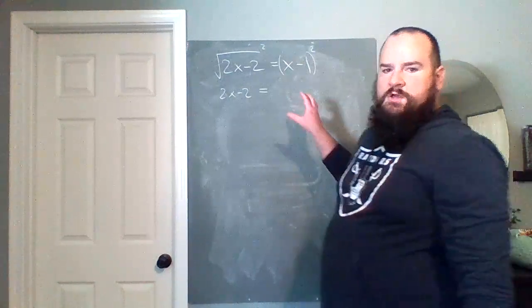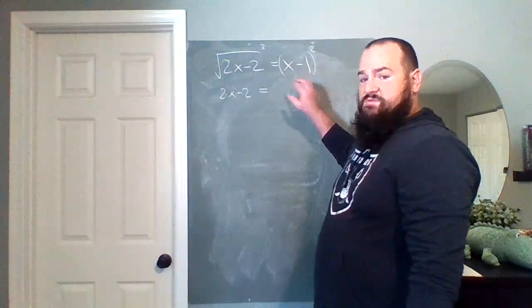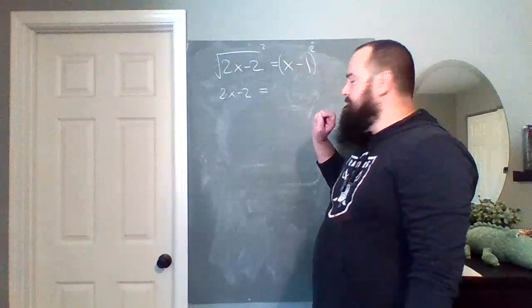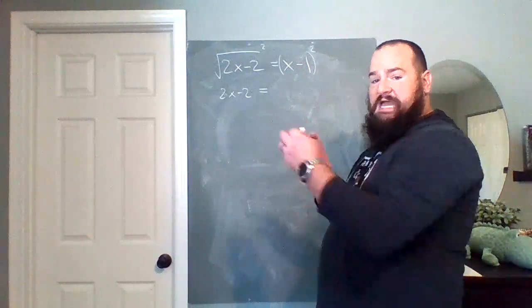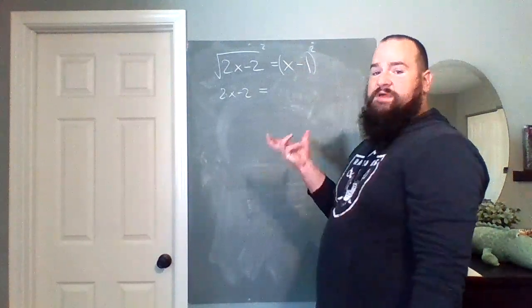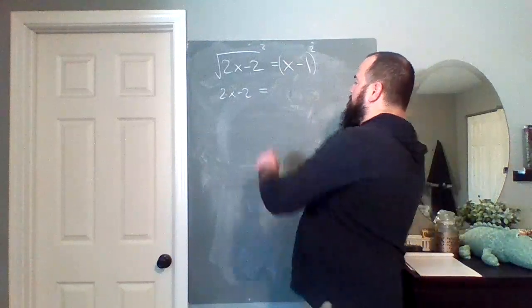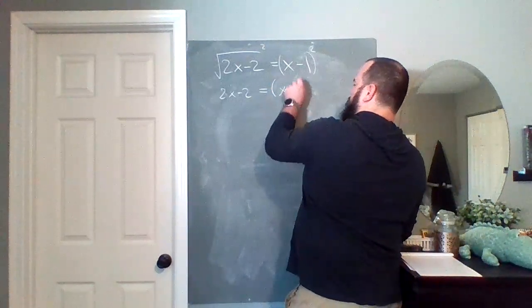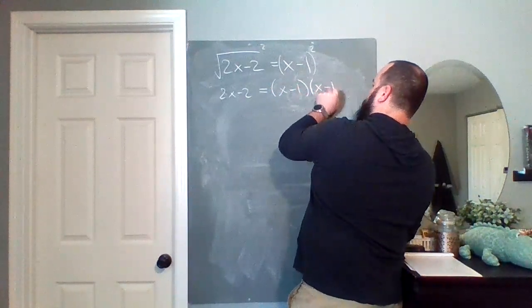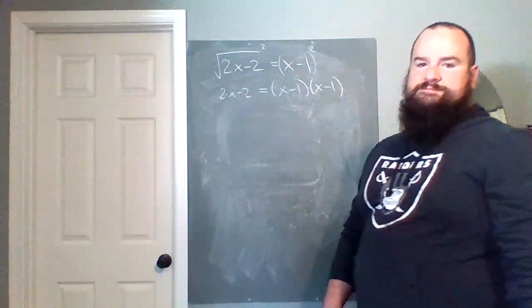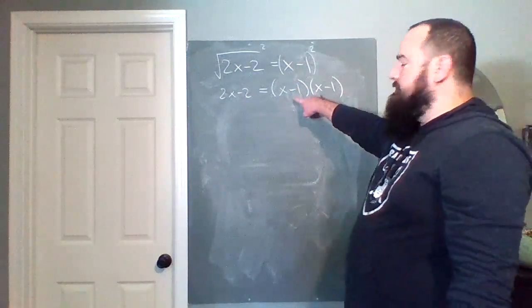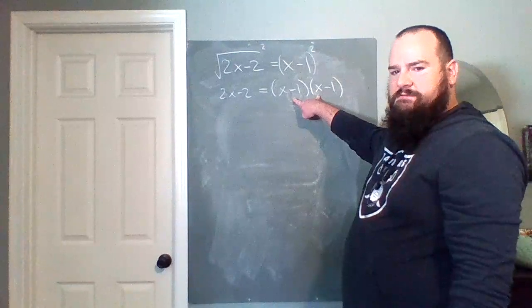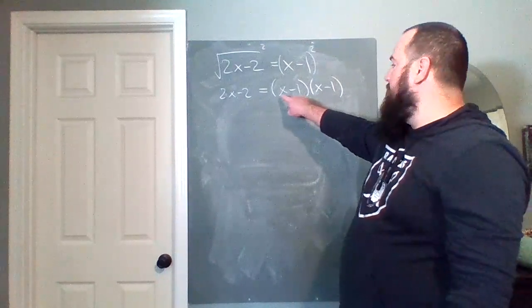Okay. When we square a term like this, we can't just square each piece. What we have to do is remember that squaring means multiply this term by itself. So I am multiplying x minus 1 times x minus 1. How do I multiply these together? FOIL, right?